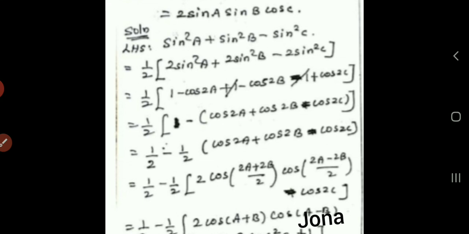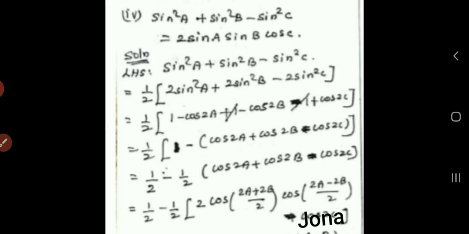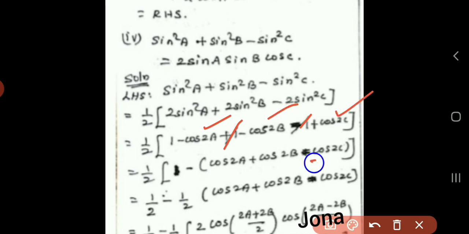Here I can cancel this plus 1 and minus 1 here. So the remaining terms are, if we cancel these two, we can have 1 minus of this cos 2a, minus is there, so here cos 2b and cos 2c, it will become minus here.